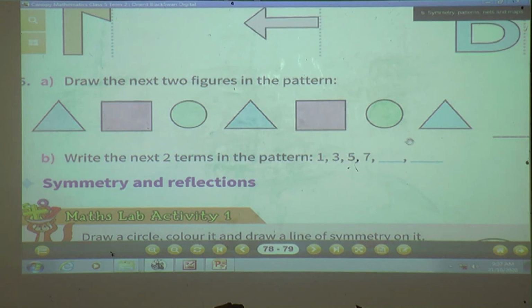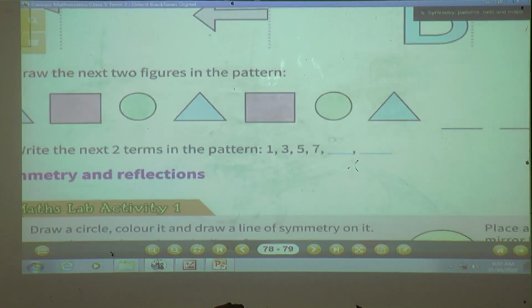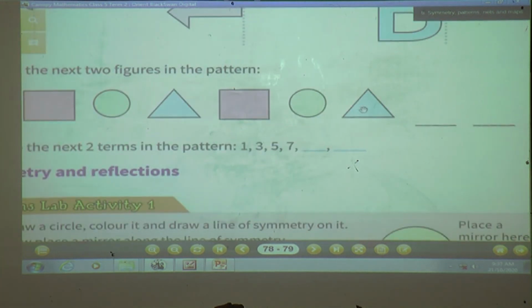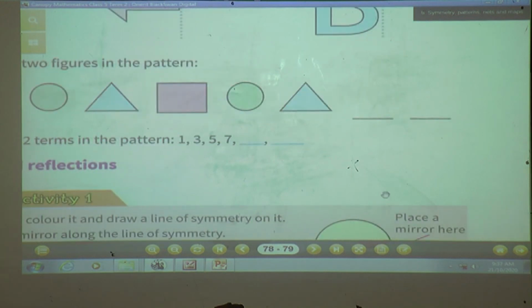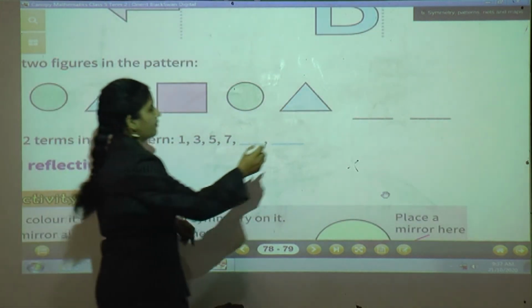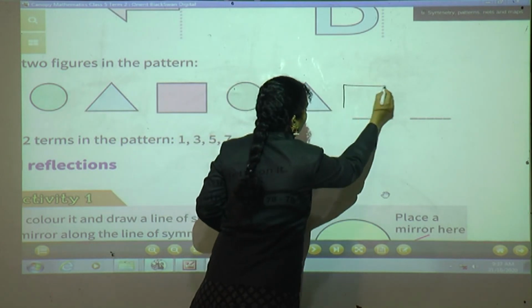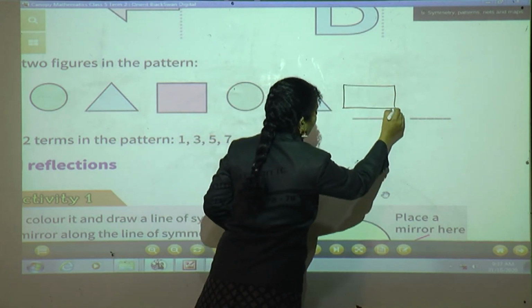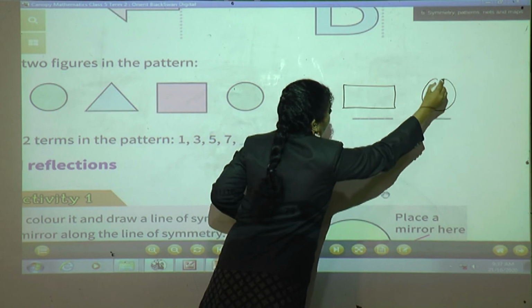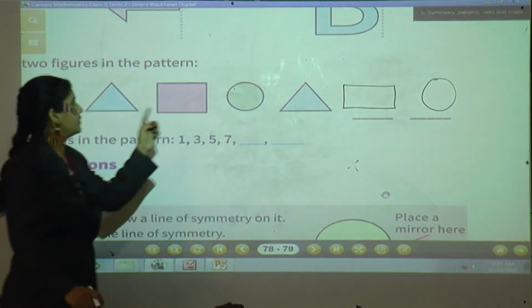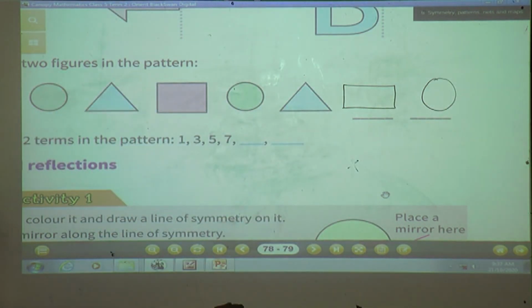So here is a type of pattern that first comes a triangle, then a rectangle and then a circle. So we can draw here a rectangle and a circle. In this way we can complete the pattern.